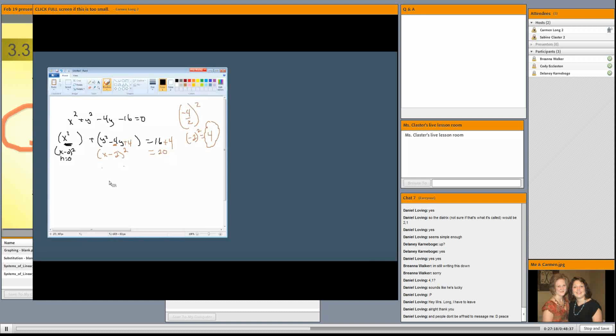It's a little squiggly equals because I'm rounding. So if we were to sketch that, it's really easy to sketch. 0, 2 would be here. And then I would go up 4.5, I'd go down 4.5, I'd go right 4.5, and I'd go left 4.5, and then I would sketch my little circle in.